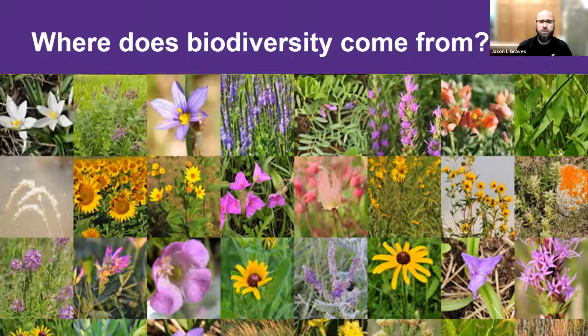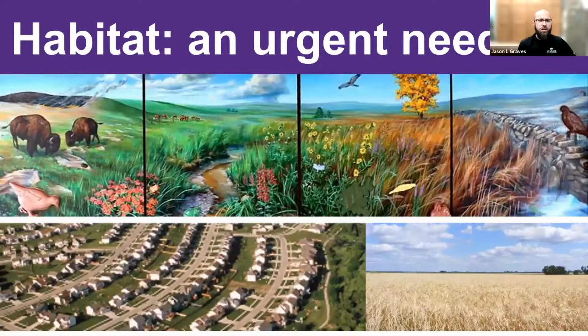So we typically talk about native plants being the plants that do that the best. But the idea is that life comes from biodiversity. Plants are basically determining the carrying capacity for any space. And so the more plants we can get in a space with more diversity, the more life we can support. And when we talk about pollinators, habitat is an urgent need.